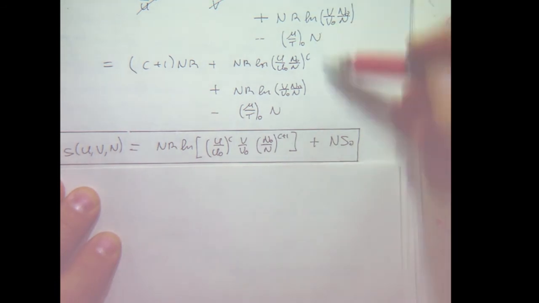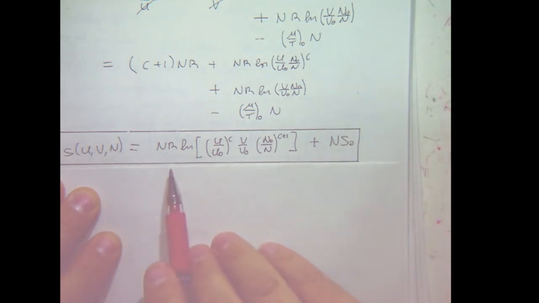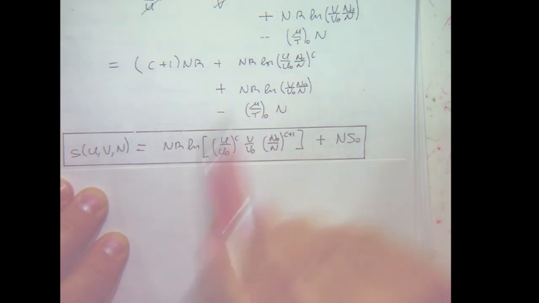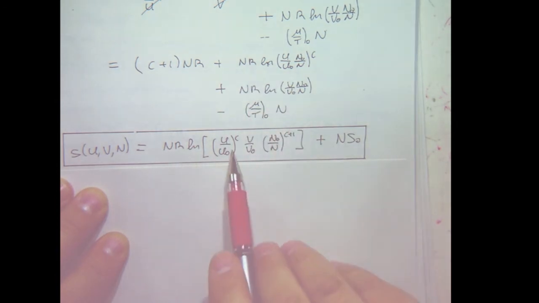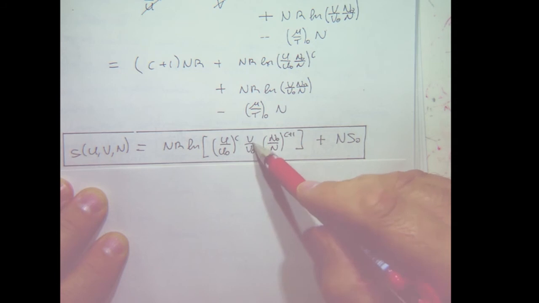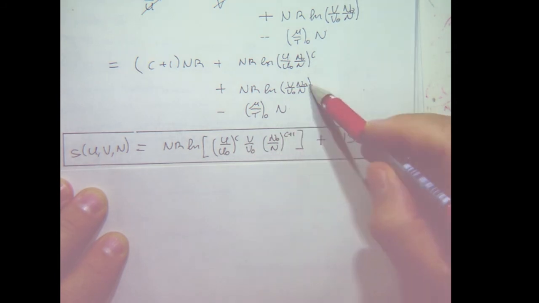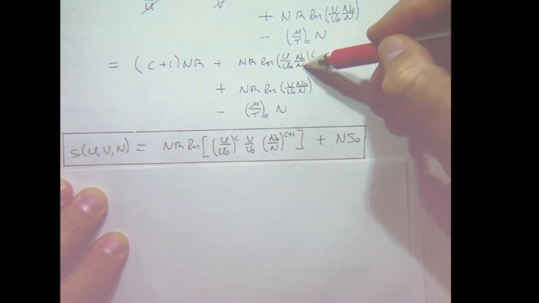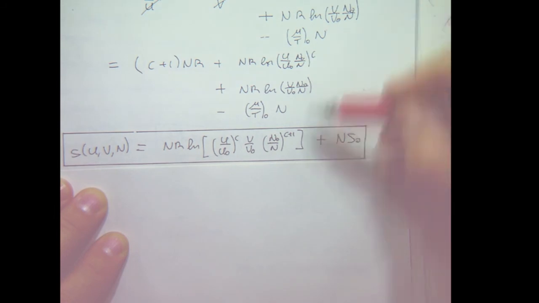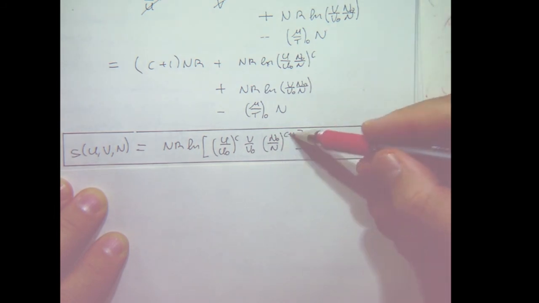And then there's that other term. So, the final result, combining those logs, you got NR ln of U on U naught to the power of C, V on V naught, and then N naught on N to the power of C times N naught on N. So it's N naught on N to the power of C plus 1. You've got C plus 1 in the exponent.